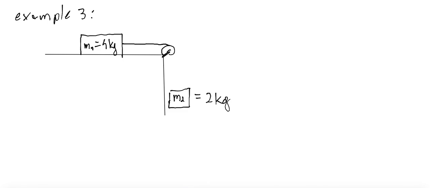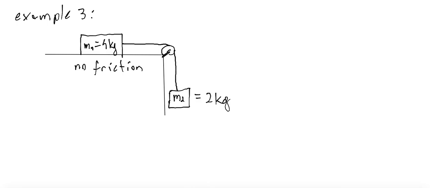But mass m2 is hanged in such a way that it can fall. It cannot fall freely because it is stopped by mass m1, but there is no friction, so the system moves: mass m2 moves down and mass m1 moves to the right.